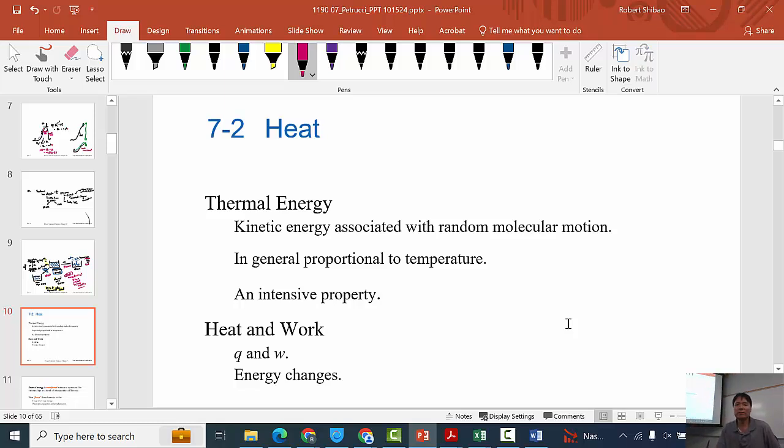When it's related to temperature, it's an intensive property. But in general, energy is extensive. I mean, you can run out of energy, and so energy depends on the amount that you have.